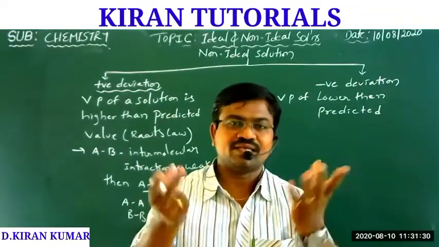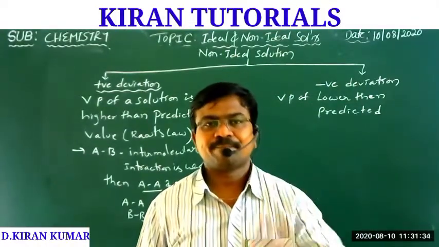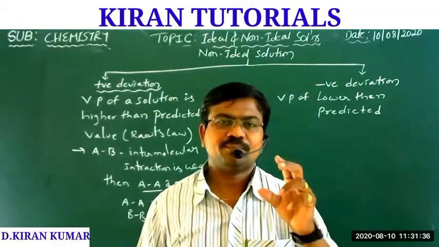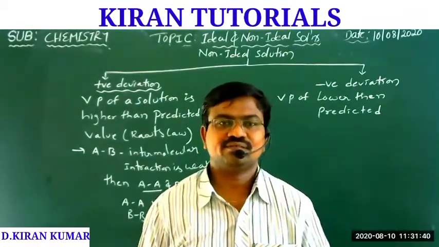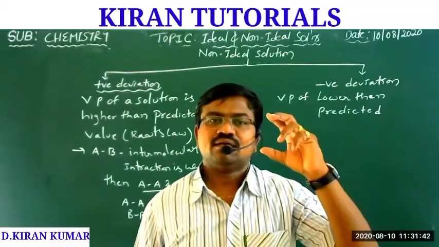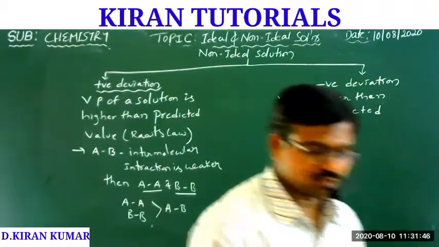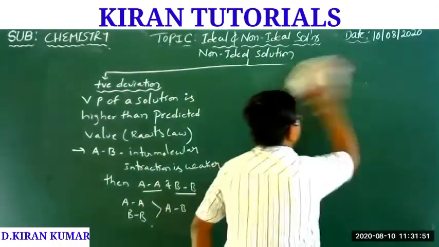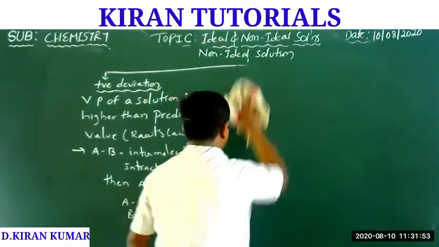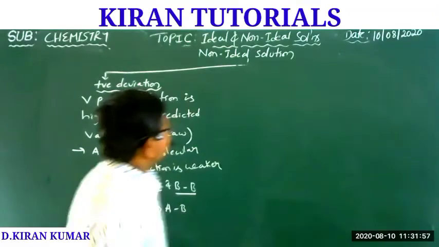So the pressure increases more than the predicted pressure. That's why it is called positive deviation from Raoult's law. Clear? And here, you can write the points.